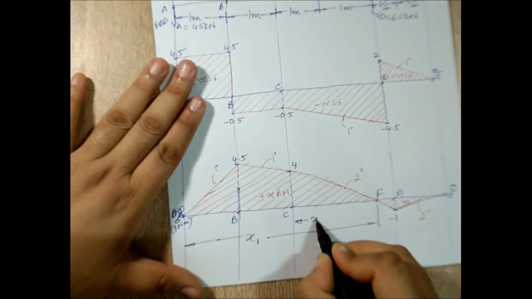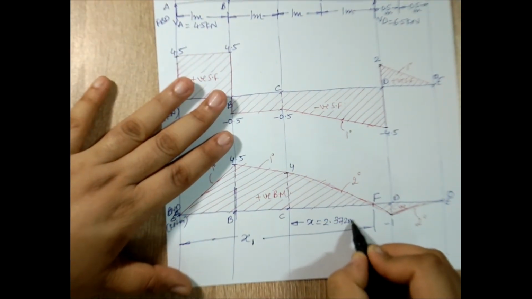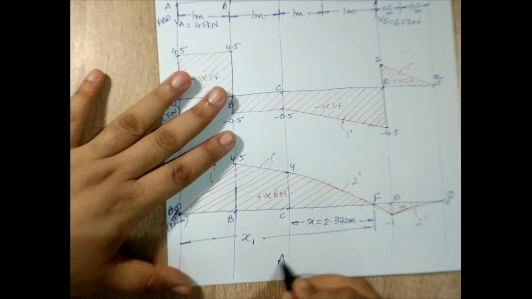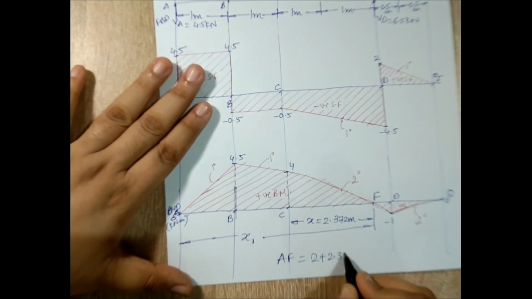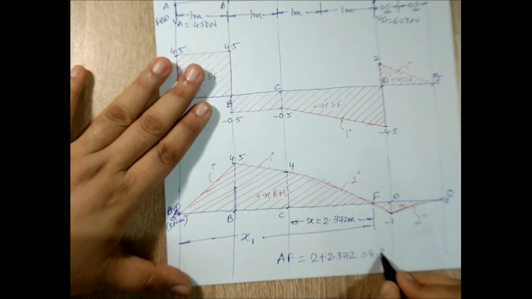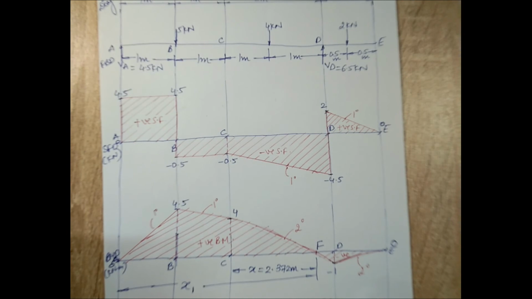Now since this is x, 2.372 meters, the distance of A to F, now this is 2, so I'll have 2 plus 2.372, which will be 4.372 meter. So this is how the numerical is supposed to be solved.